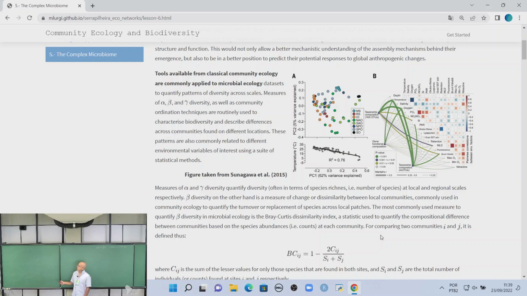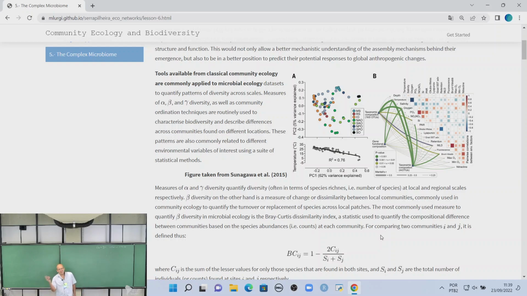And then here we have another example of how they do this for multiple other environmental variables. So each line going from taxonomic composition or gene composition to each of the environmental variables here represents the relationships between them.